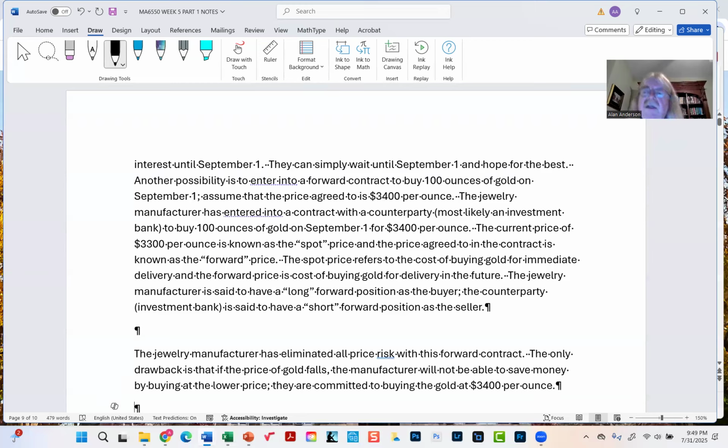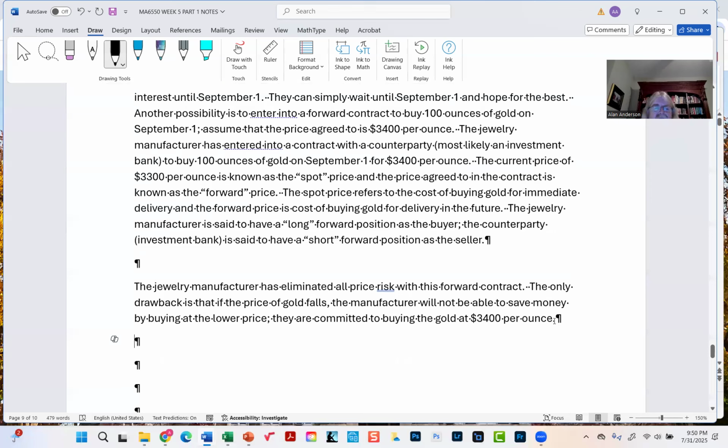So you get rid of all your risk, but in exchange for that, you also give up the opportunity to save money if the price goes down. So you can see what a great, easy way this is to hedge risk. Just enter into a contract, agree to take delivery in the future for a fixed price, and there is no more price risk.